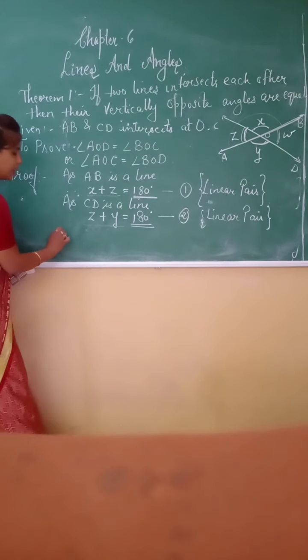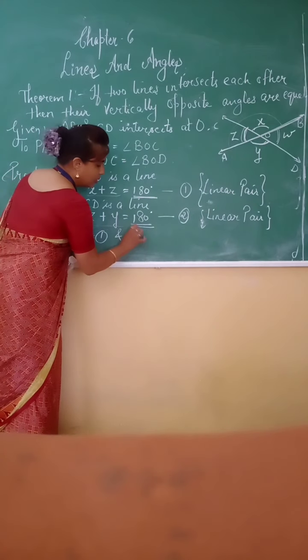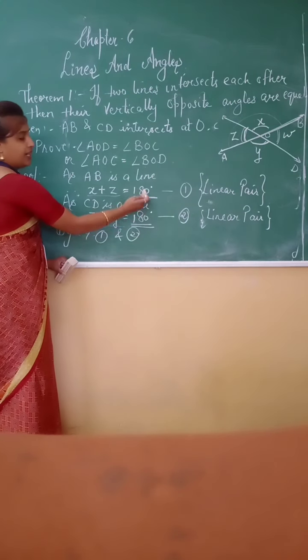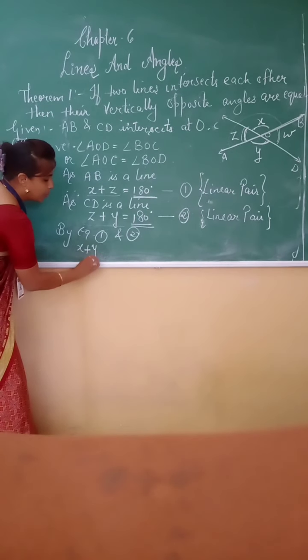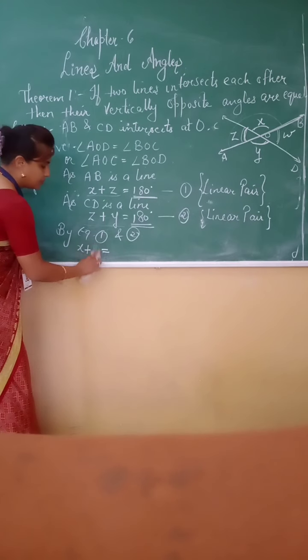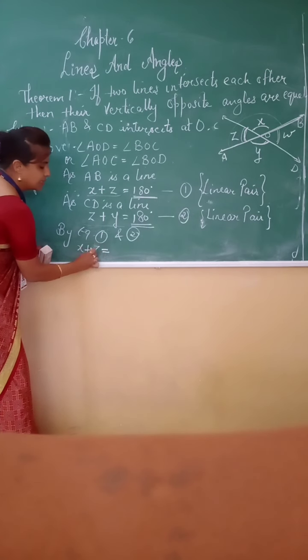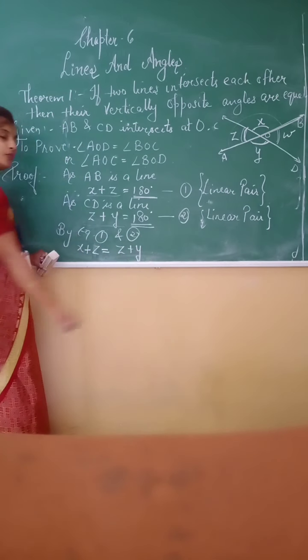So by equation 1 and 2, we can write here, if right hand side is equal, then left hand side is also equal. That is, x plus y is equal to x plus z. Here the left hand side is z. X plus z is equal to z plus y.